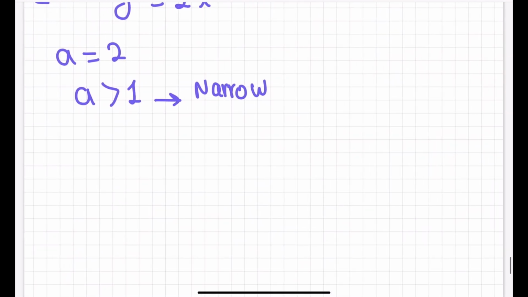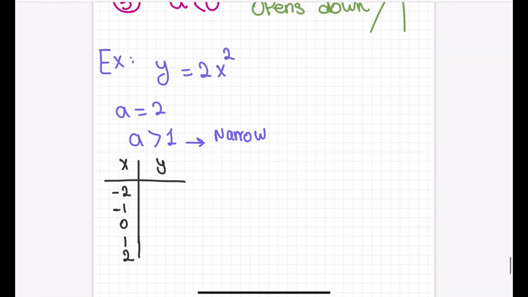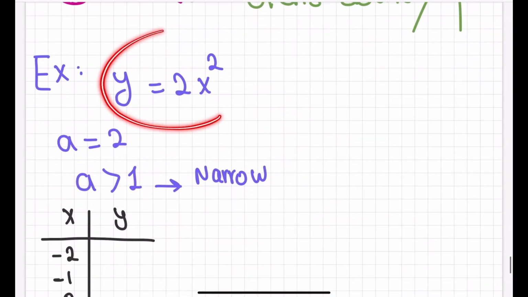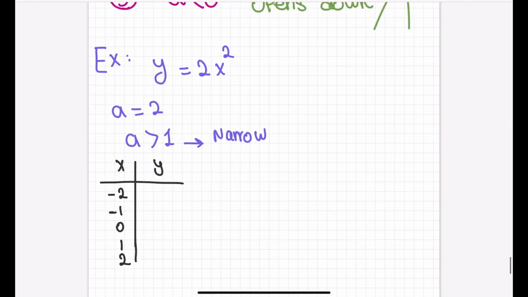How can I draw that? The first thing we always do is set up a table: x and y, and the numbers -2, -1, 0, 1 and 2. Our equation is y equals 2x squared.